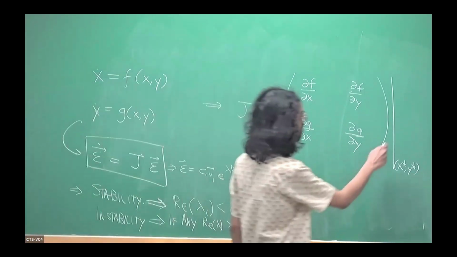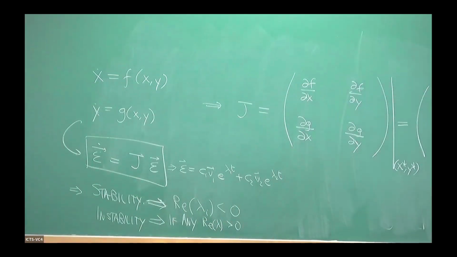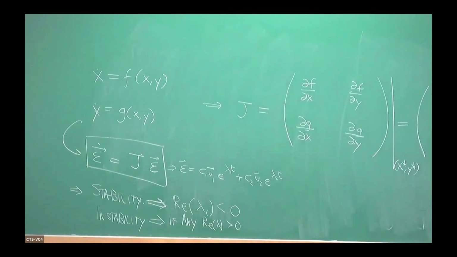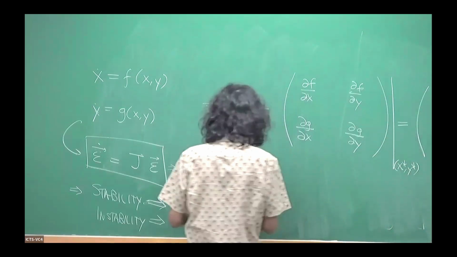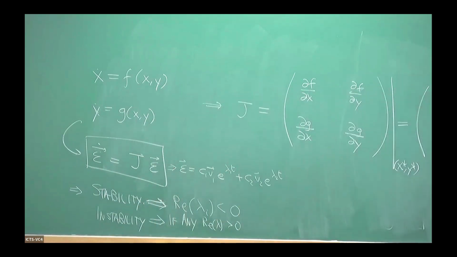Okay, so can someone tell me very quickly what the Jacobian for this model is at this fixed point that we care about? This is a residue point. Should be fairly easy to compute, right?